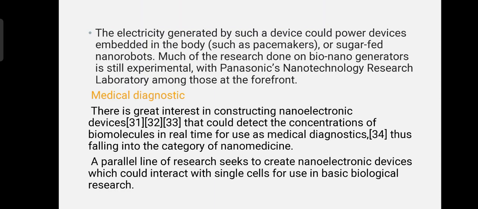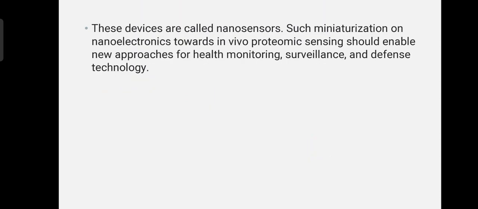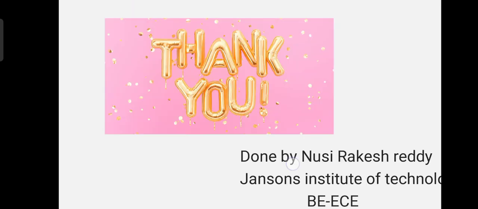A parallel line of research seeks to create nanoelectronic devices which could interact with single cells for use in basic biological research. These devices are called nanosensors. Such nanoelectronic in vivo sensing should enable new applications for health monitoring, surveillance and defense technology.